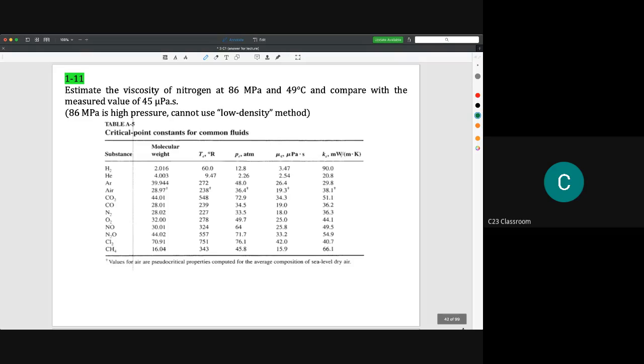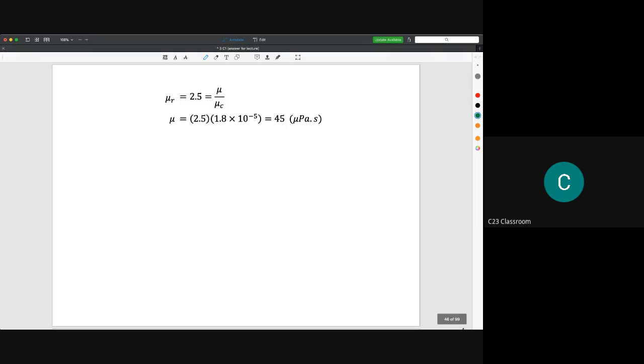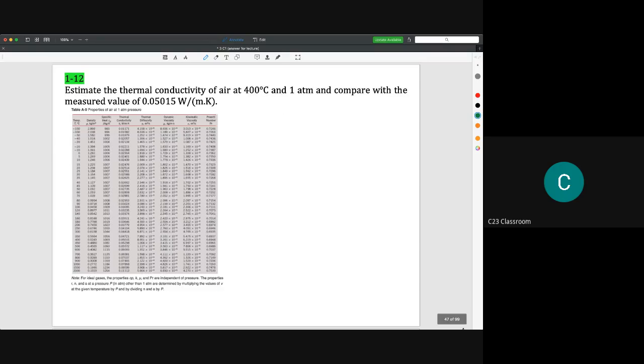Okay, so question 1.11 here is actually to remind us how to deal with gas, from 1.13.